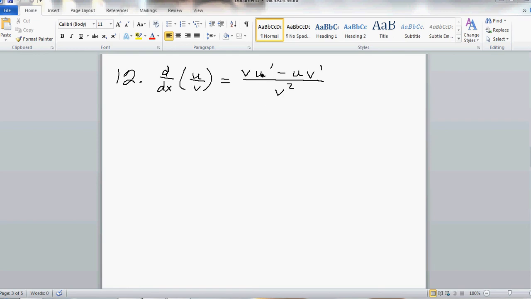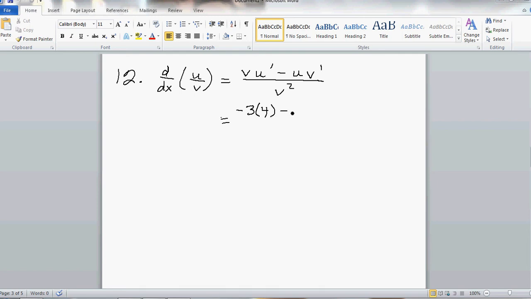Okay, so then we can start putting in these values. Notice it's at x equals 2 this time, so v of 2 is negative 3. U prime of 2 is 4.